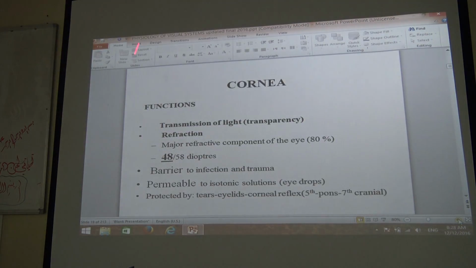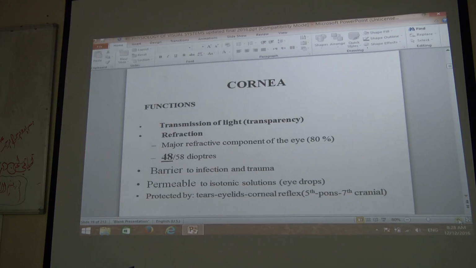It contributes about 80% or 2/3 of the total refractive power of the optical system, which is about 60 diopters, or 58. 48 of the 58 is done by the cornea. But the problem in the cornea is that it is fixed in its refractive power, so we cannot change the power of the cornea.